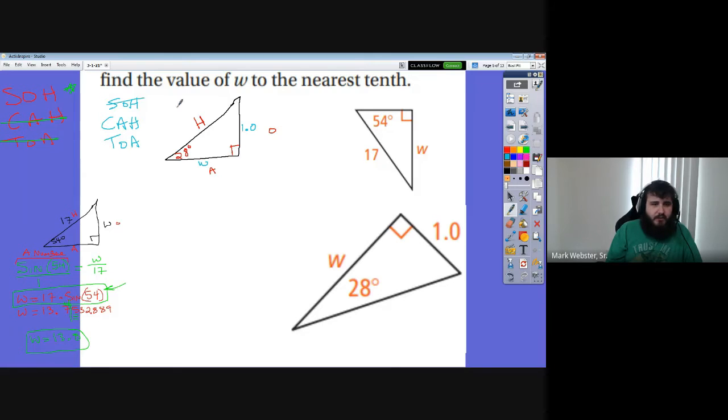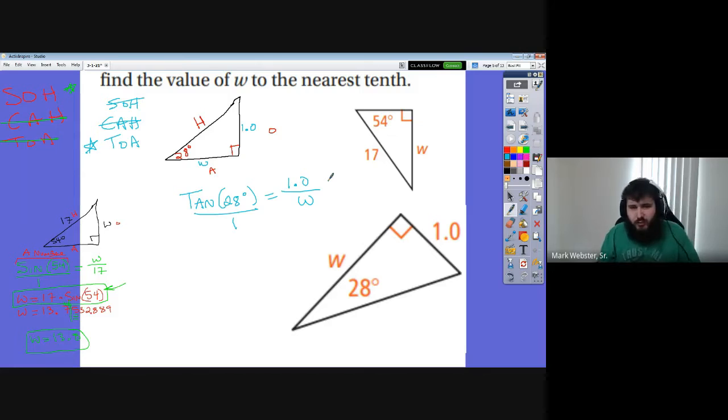Well, sine uses the hypotenuse. Cosine uses the hypotenuse. So it's tangent, right? So we're going to use the tangent of 28 degrees, opposite over adjacent, 1.0 over W. Cross multiply, just like we did last time.